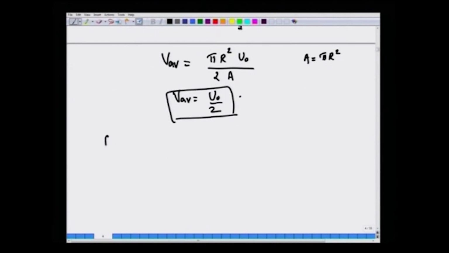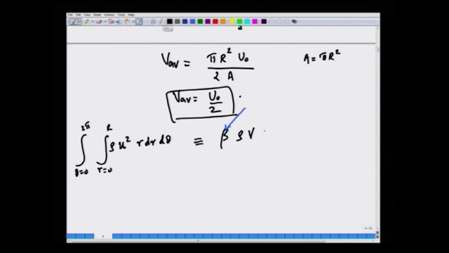So, we have to do another integral where r is 0 to R, theta is 0 to 2 pi, rho u squared r dr d theta is equal to, remember, this is the definition of the momentum correction factor, and we want to find an expression for beta.